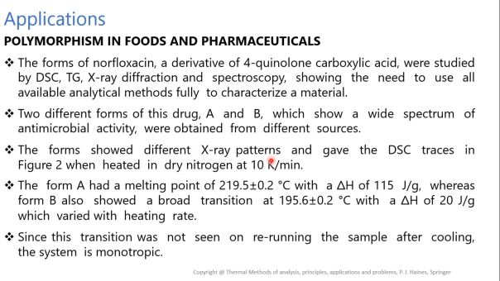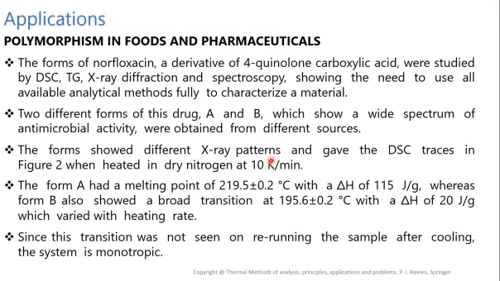As another example, consider one of the antibiotics, norfloxacin, a derivative of 4-quinolone carboxylic acid. It was studied by DSC, X-ray diffraction and spectroscopic techniques, showing the need to use available analytical methods fully to characterize the material.